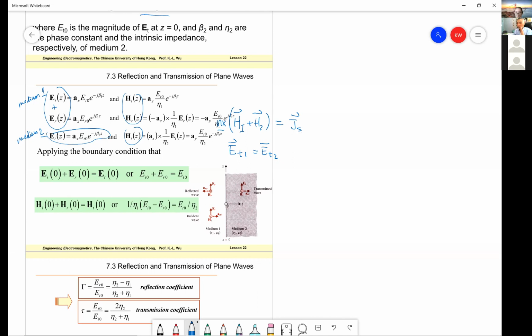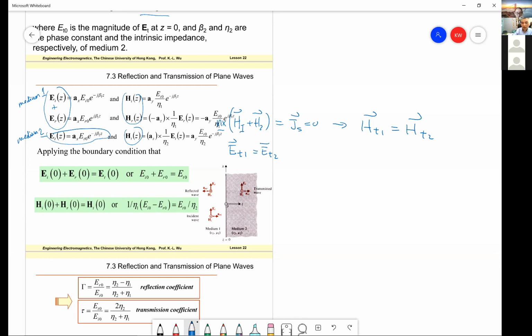So if I don't have any mechanism that can support current, this equals 0. That means the tangential magnetic field is equal.